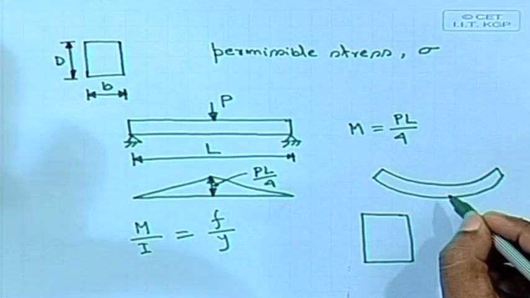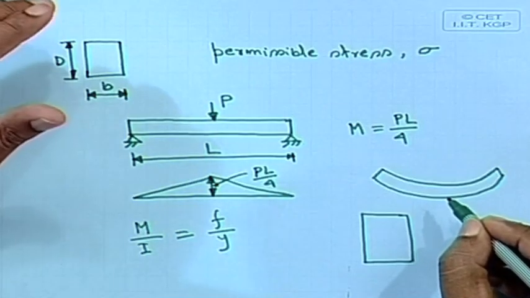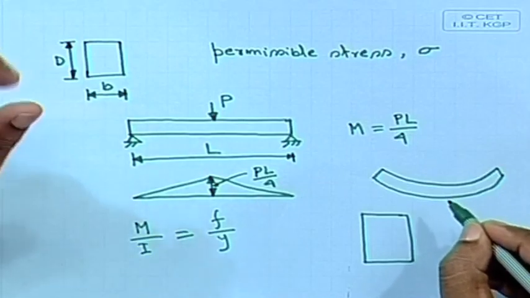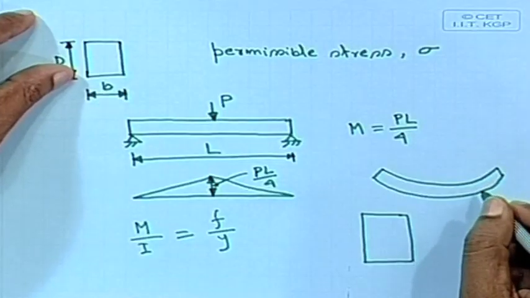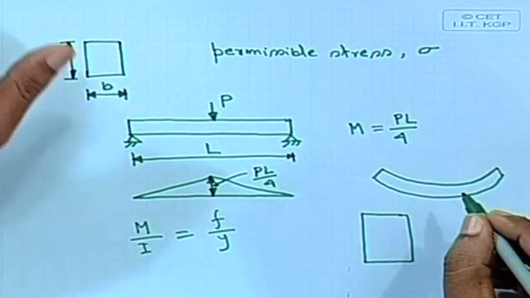Only in a cantilever it will be different: tension will be at the top and compression at the bottom, and that is why we provide main reinforcement. Please note, I am talking about main reinforcement, which means there is also some secondary or nominal reinforcement for other reasons. But we are considering only main, or longitudinal, reinforcement. For a cantilever we have to provide it at the top, because tension is developed at the top.